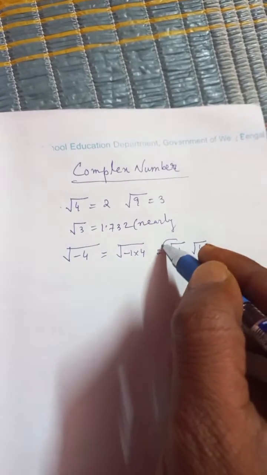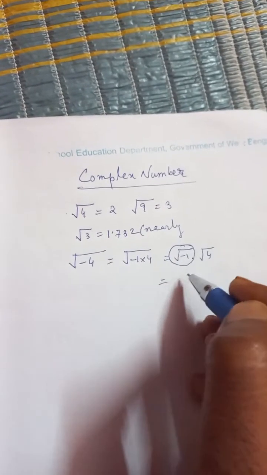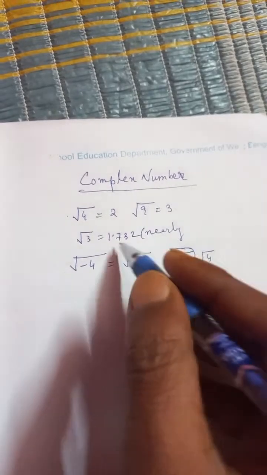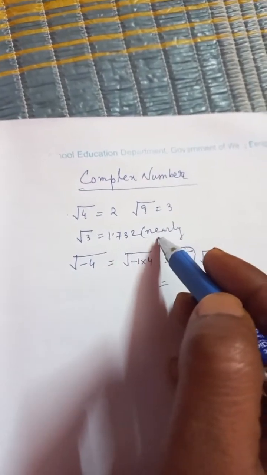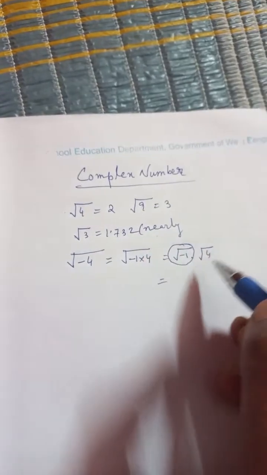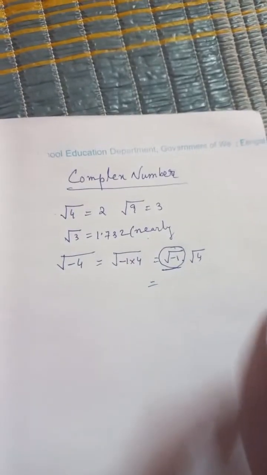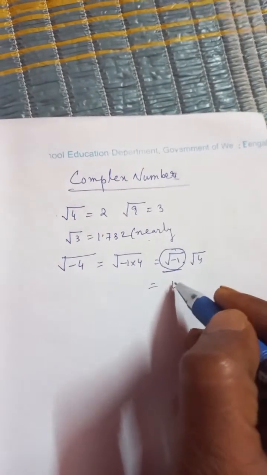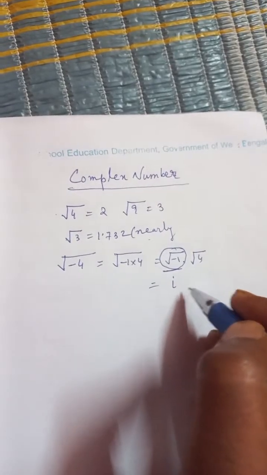So this number actually cannot be found among the real numbers, but we will imagine that it is iota, and this number forms complex numbers.